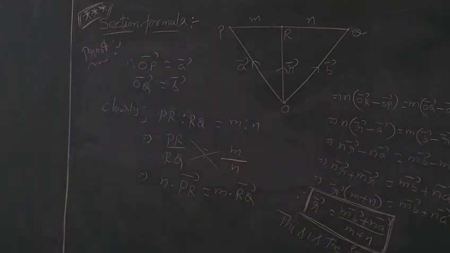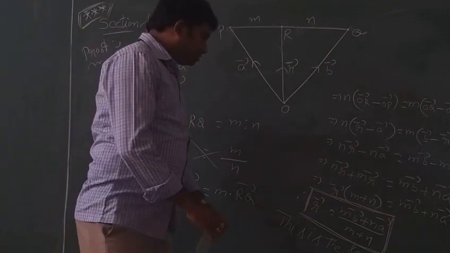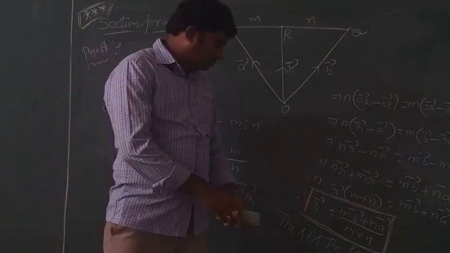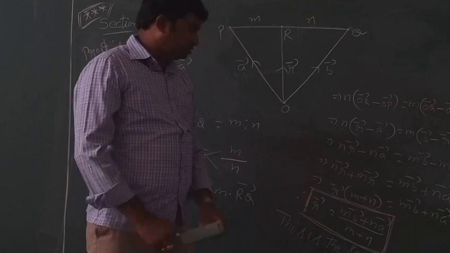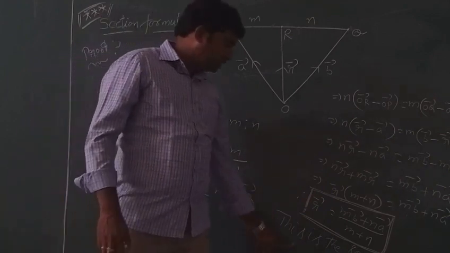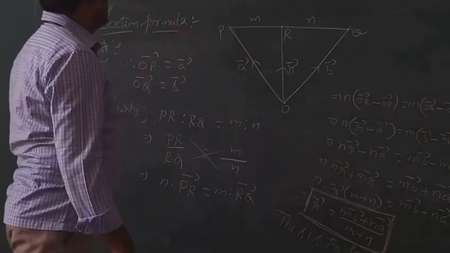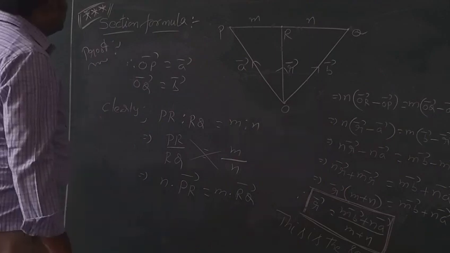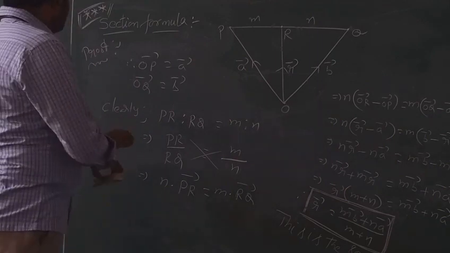This is the section formula, hence proved. Now, is it possible to observe the board? This is the conclusion here, R bar. Derivation proof, and then what? This is the section formula. One more line: hence proved.